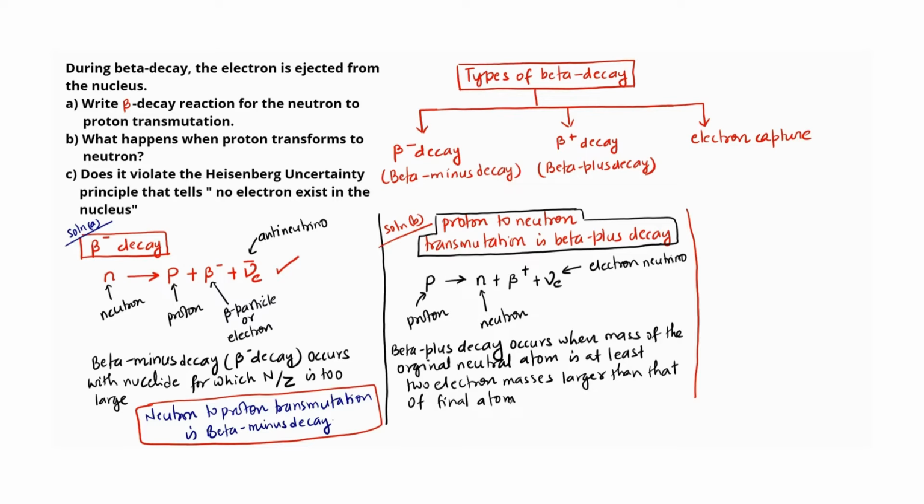So we have this. So this reaction represents proton to neutron transmutation. Clear?